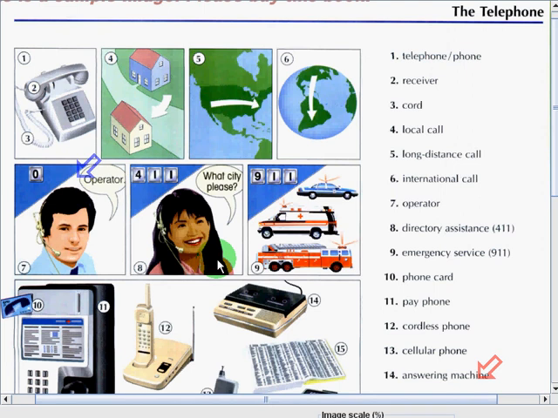Now, we go to number 9. Emergency service. Can you read it one more time? Emergency service. In this case, we have the number 911 for emergency service. When you say emergency service, it is the number you dial for emergency purposes. Like you are now in a difficult situation.